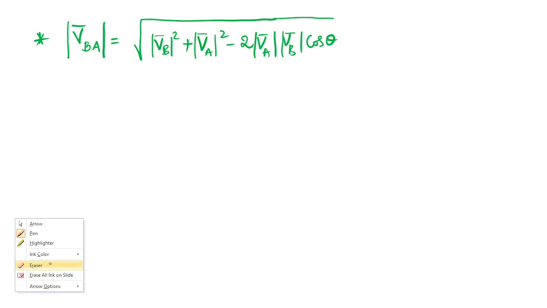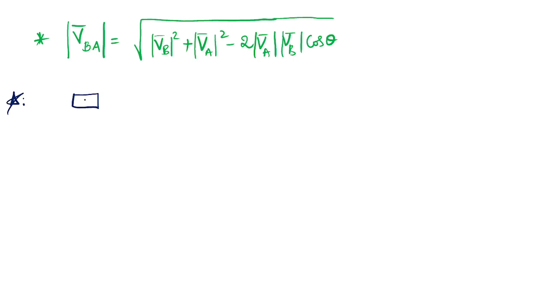By using this formula, we'll try to find different relative velocities. Not only velocities, we can write it for acceleration, displacement, anything. Now, for example, if they are in the same direction, how will this formula convert? Can you just tell me? This is VA and this is VB.